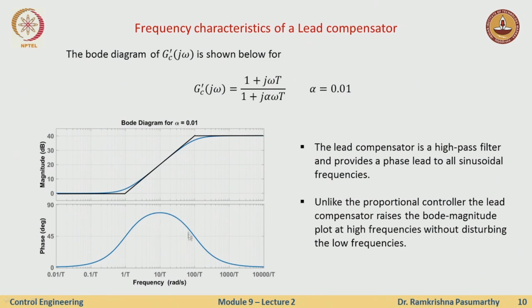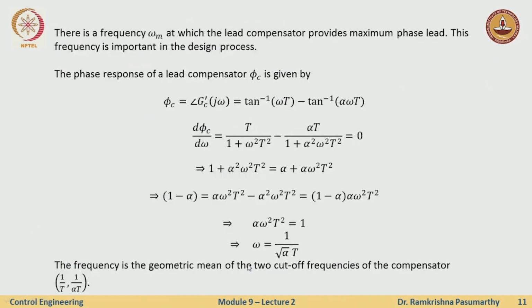It is a nice continuous function, so I can just find its maxima. What is the frequency at which phi c attains the maximum value? Calculus tells me d phi by d omega is 0, which leads to these expressions, and the omega at which the maximum phase occurs is omega equal to 1 over square root of alpha t.